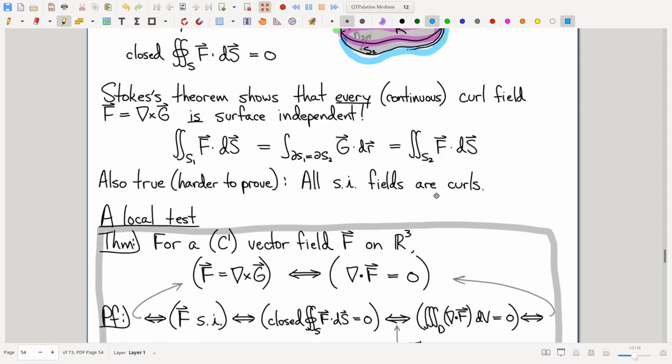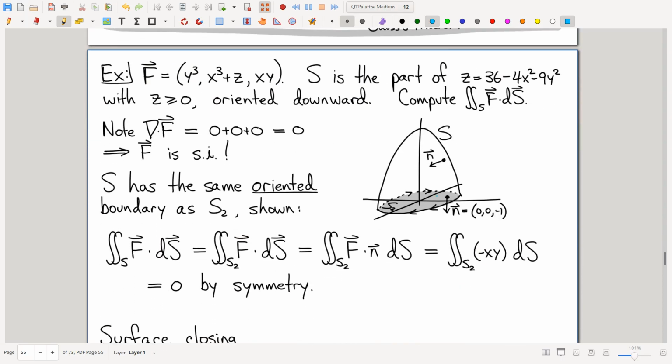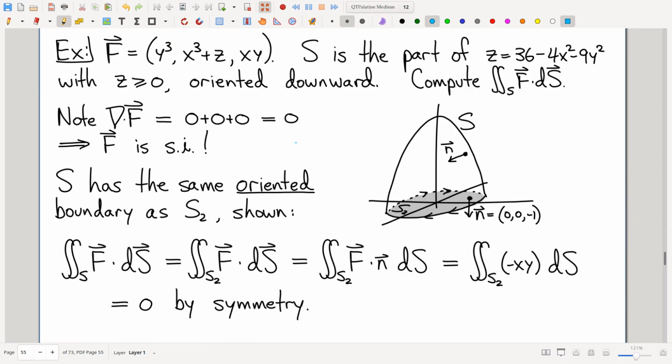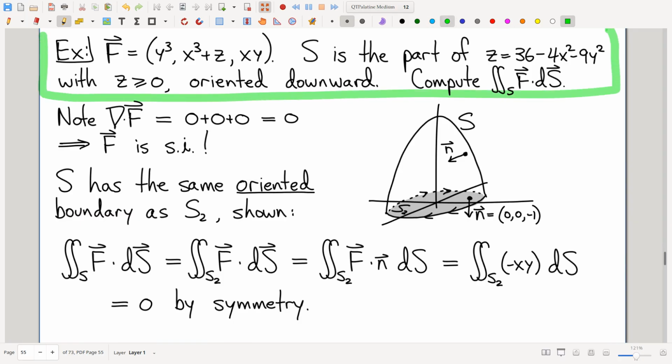Okay, here we go. Alrighty. So let's see here. Here's the statement of the question. I want to compute a flux. Surface given, vector field given. And now notice, by the way, in the statement of the question here, it doesn't say use surface independence, right?